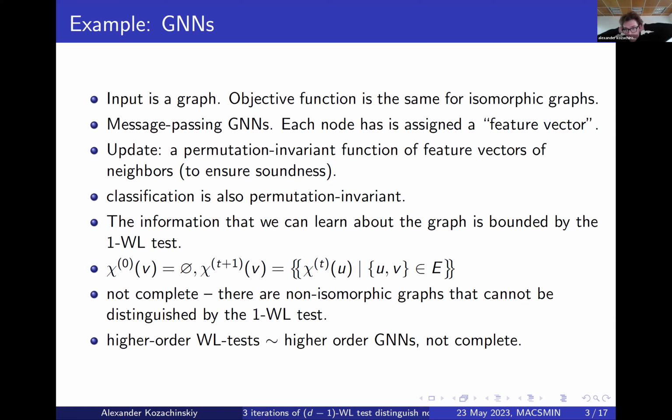Isomorphic graphs means that we can map nodes of one graph bijectively to the nodes of the other graph, such that an edge goes to an edge and a non-edge goes to a non-edge. That's the idea, that you can permute nodes of the graph, and the graphs will be the same.